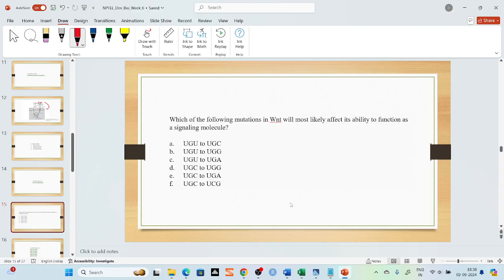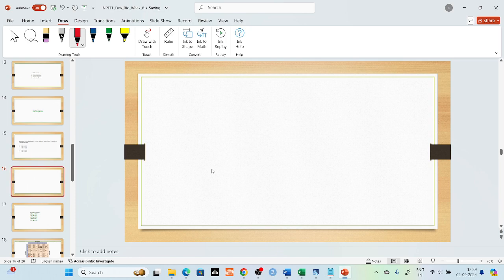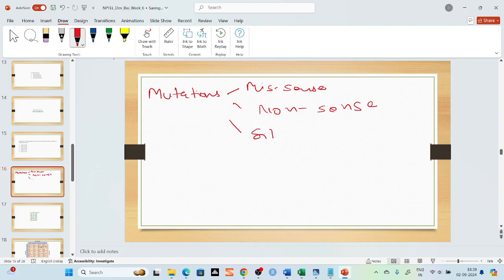First is what kind of mutation gives rise to what, and second is the genetic codon table. Now, mutations can be of several types. If I want to study about mutations, they are missense mutations, nonsense mutations, and some are silent mutations.